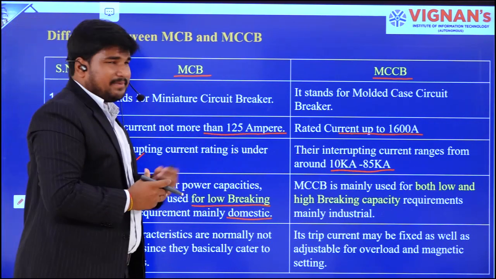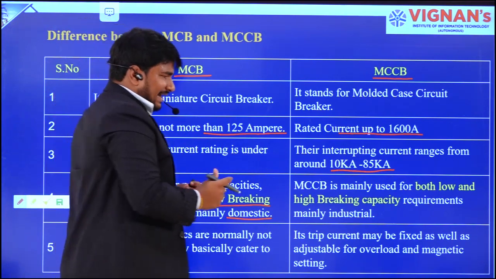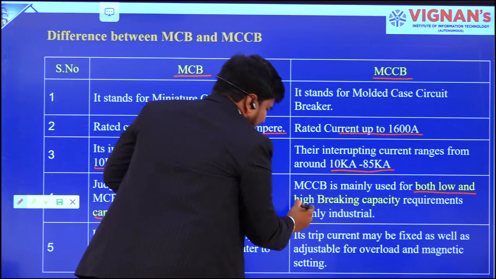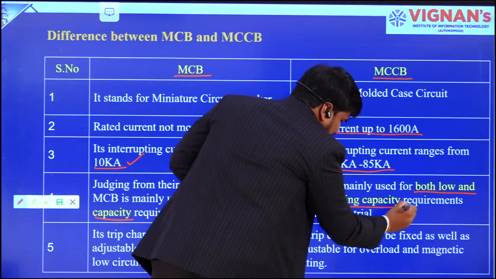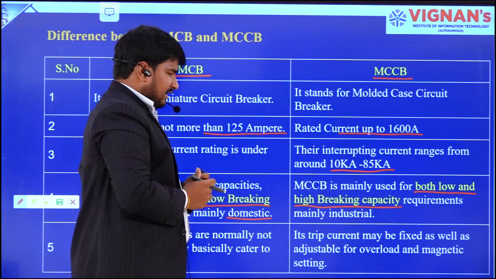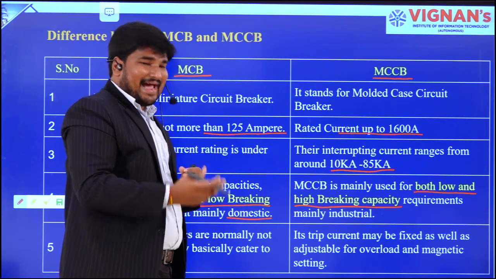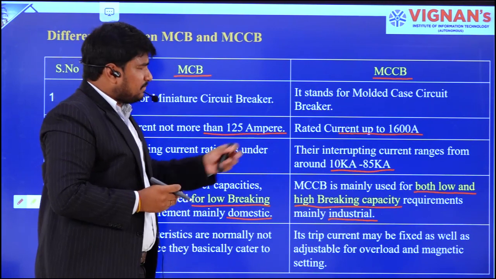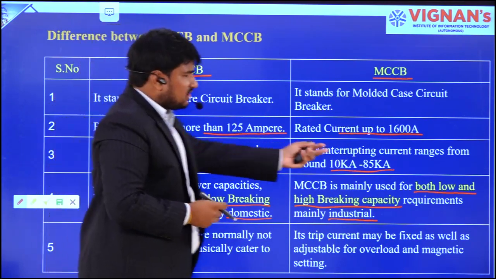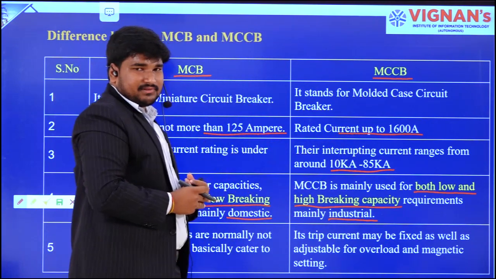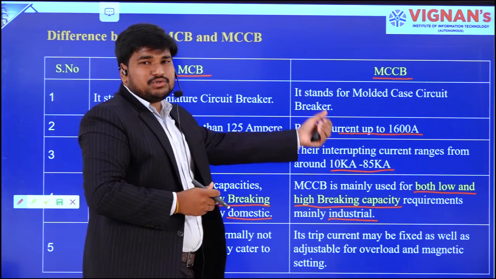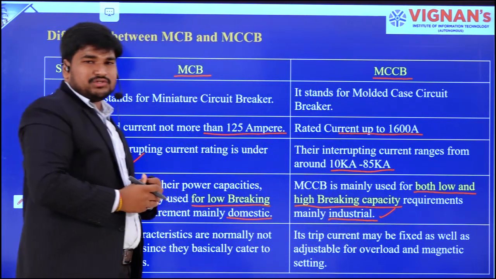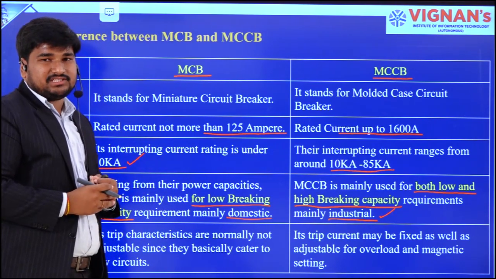In case of MCCBs, as I said, it can be used for both low voltage, low currents and high breaking capacities as well, in both domestic as well as industrial applications. As MCCB has this much amount of high rating, mainly it is used in case of industrial applications only.